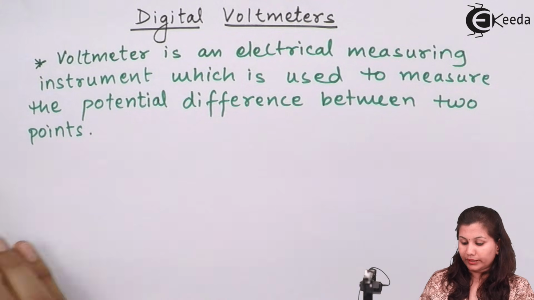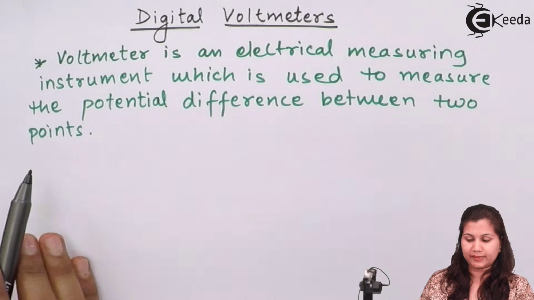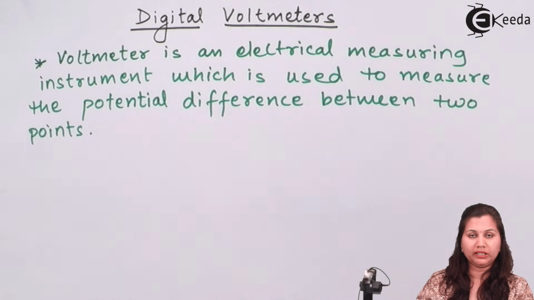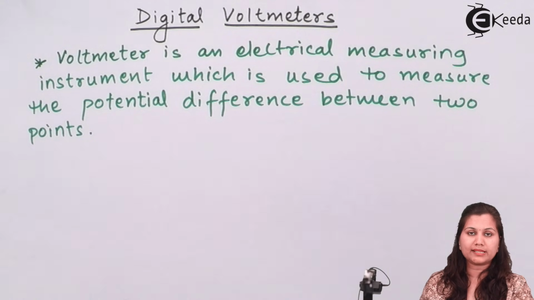Now there are two types of voltmeters. One is the analog voltmeter and second is the digital voltmeter. Both these voltmeters can measure the AC and the DC voltages. The difference between the two is that the analog voltmeter gives us the reading of the voltage on a scale. There will be a pointer.